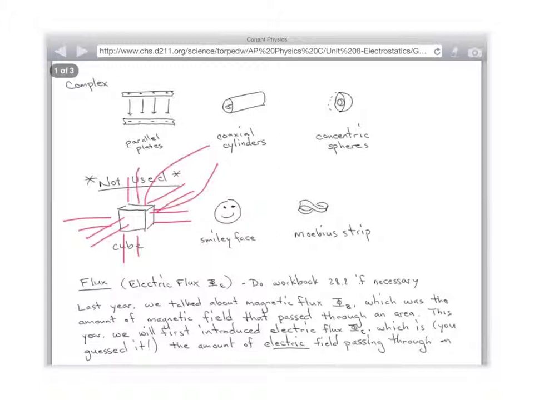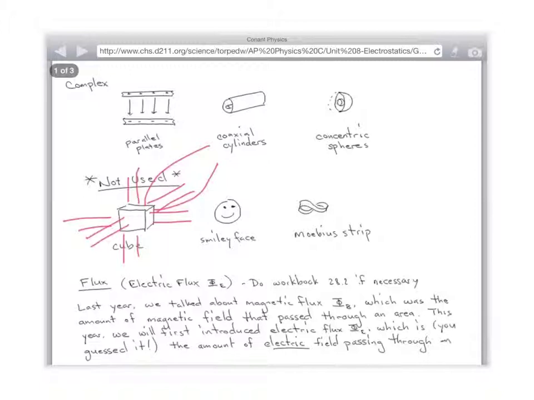So how do you capture more field lines? A bigger ring will capture more field lines. What if you want more total flow through? Well, you've got a couple options. You can pump more field through, meaning a stronger field. Or you can use a larger ring. Or you can change the angle of the ring.